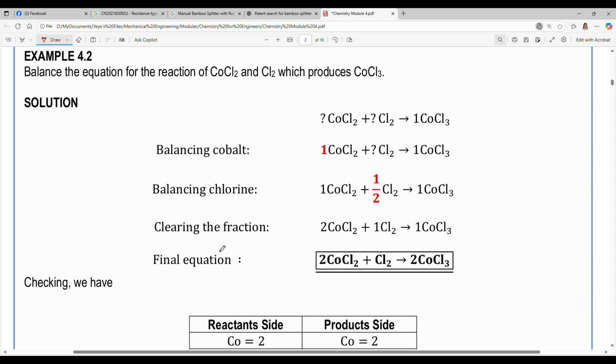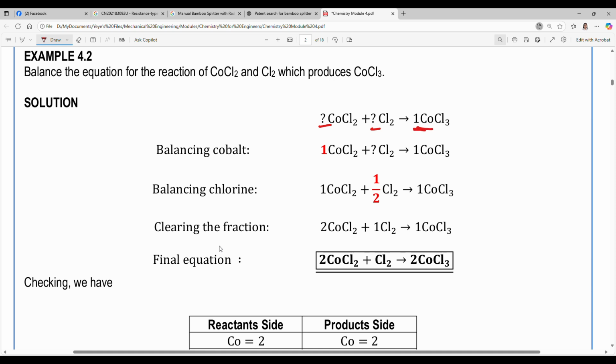Balance the equation for the reaction of cobalt 2 chloride and chlorine, which produces cobalt 3 chloride. So again, we do not yet know the coefficients. So we will start with the most complicated, no. We can start with cobalt 2 chloride or cobalt 3. They are the same. So here we first write 1.